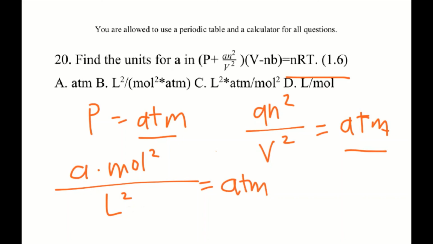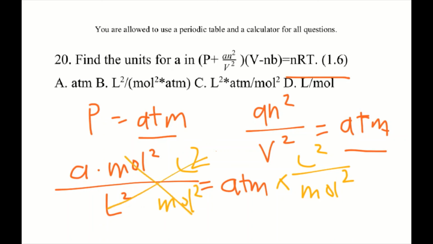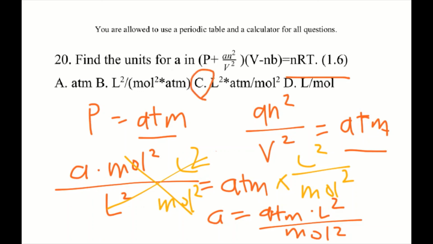Now, if you multiply both sides by liters squared over moles squared, you notice that the moles squared and liters squared cancel out, and you are left with A. So A is equal to ATM times liters squared over moles squared. And notice how the answer looks just like C, which states that ATM times liters squared over moles squared is the units for A. So C is our answer, and that's all for this video.